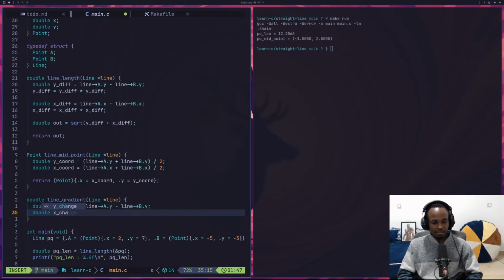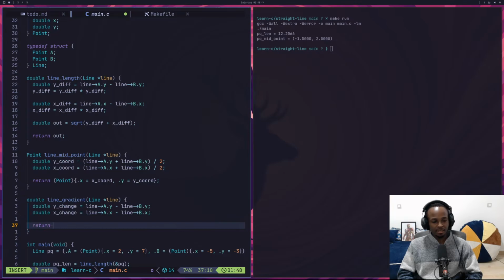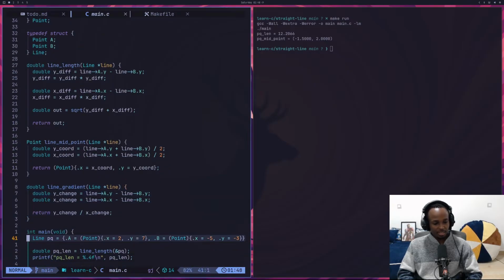Then the change in x, we take the same line, we access A, then this time the x coordinate, and then minus the same line, let's access B, and then this time give me the x coordinate, and then in this case we are supposed to return the change in y over the change in x. So that's how you get the gradient.